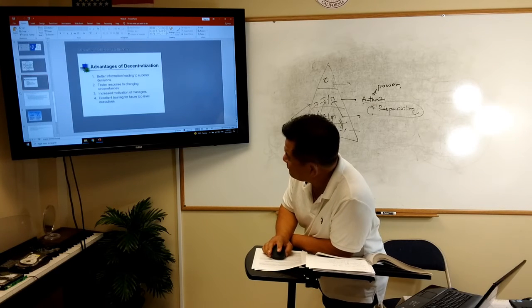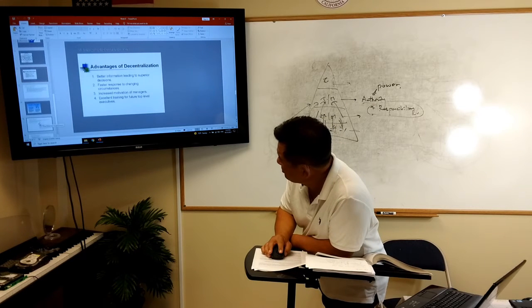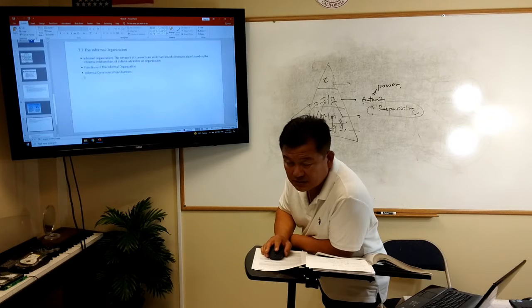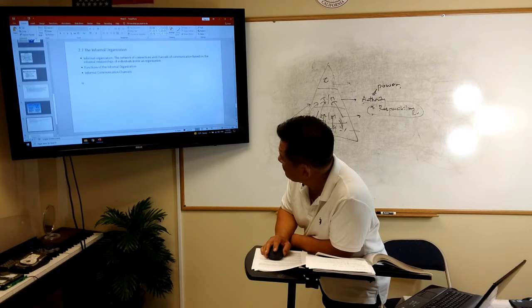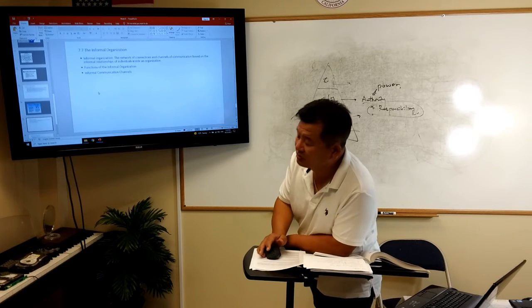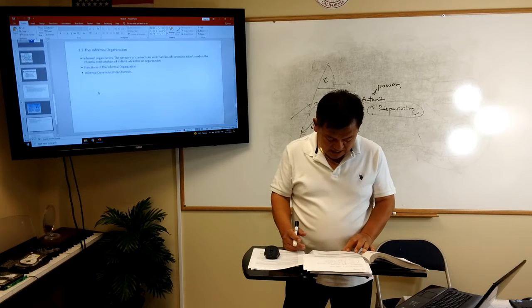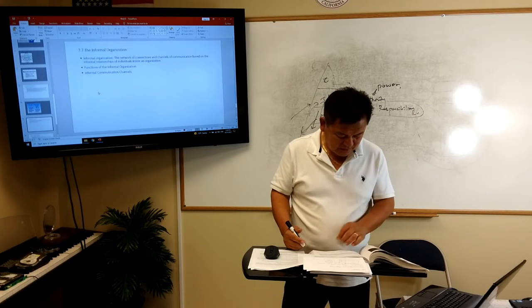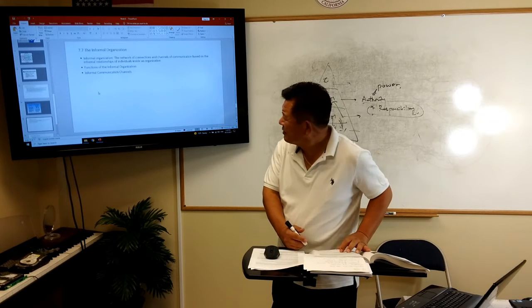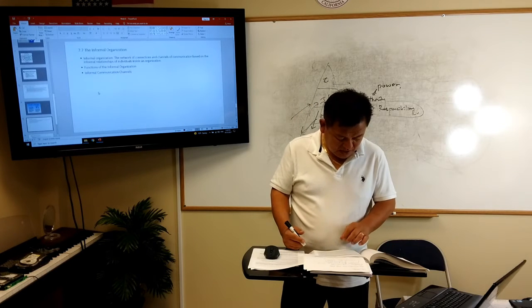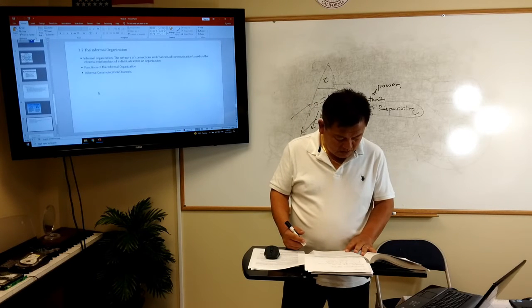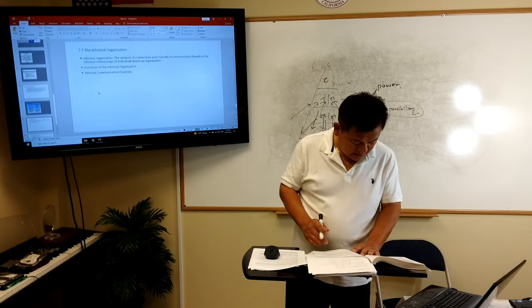Okay, let's move to 7.7, the informal organization. In an organization we have a formal organization, and we also have an informal one, which is also a very important part.